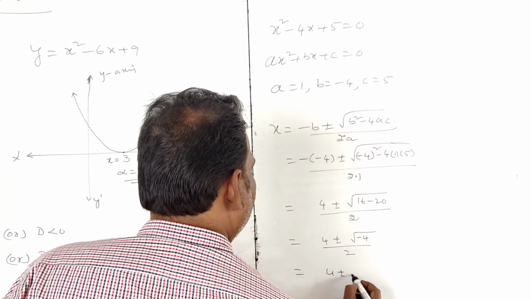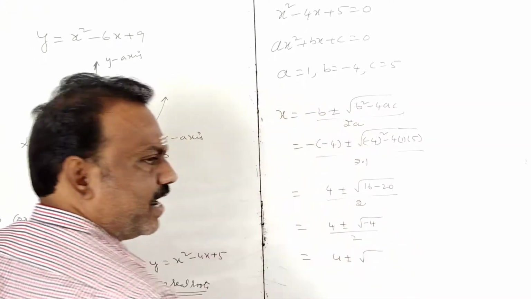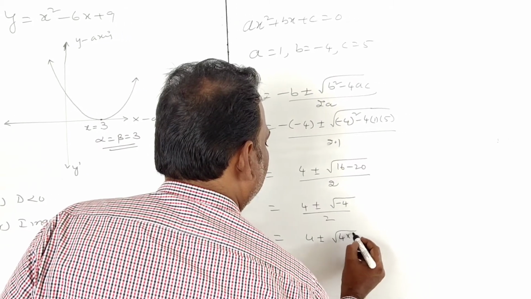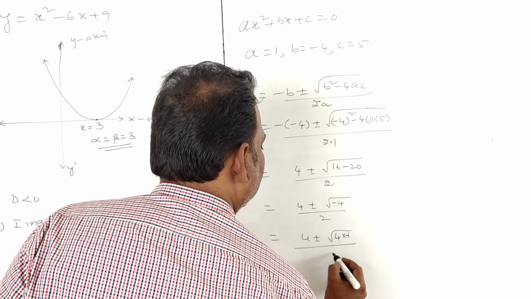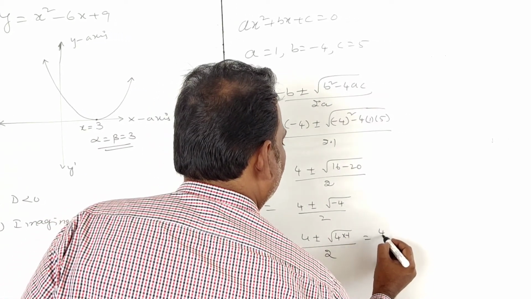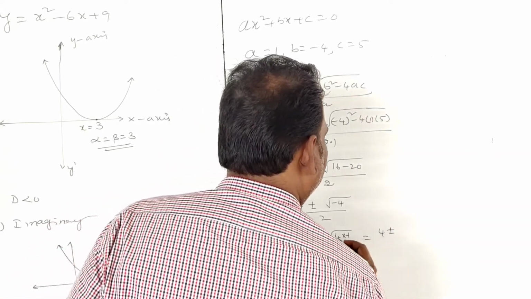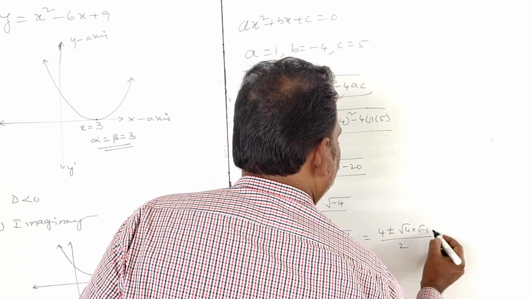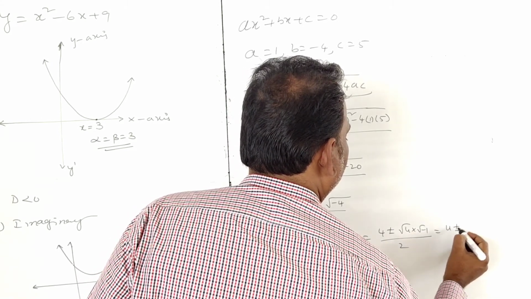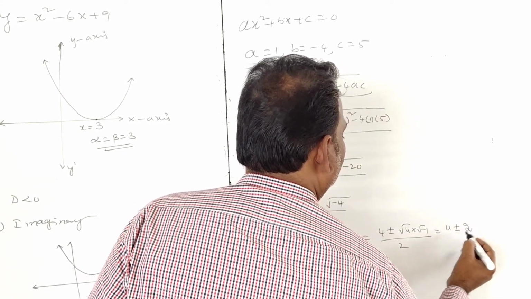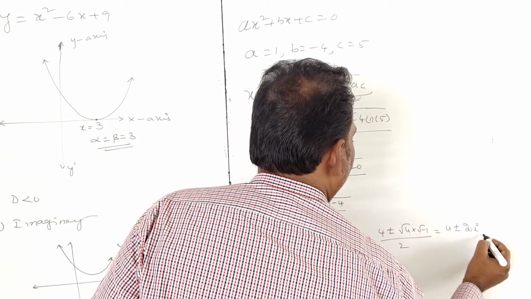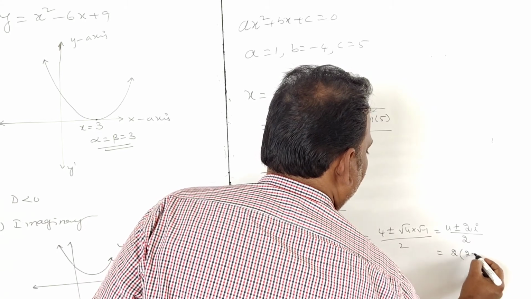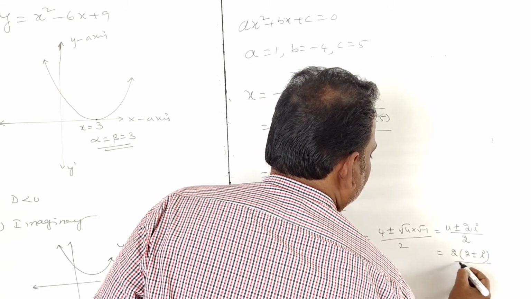I told you that whenever the square root of a negative number is taken, real numbers do not exist. That's why I can write it as 4 into minus 1. So that is 4 plus or minus root 4 into root of minus 1, by 2. Root 4 value is 2, root of minus 1 value is i, upon 2. I can take 2 as a common factor and cancel.